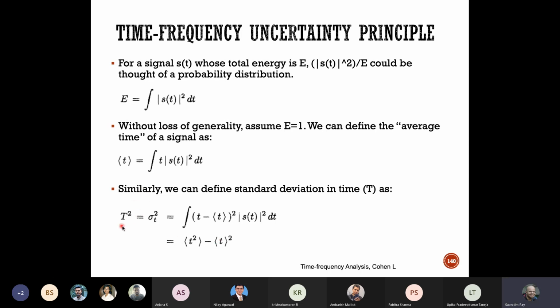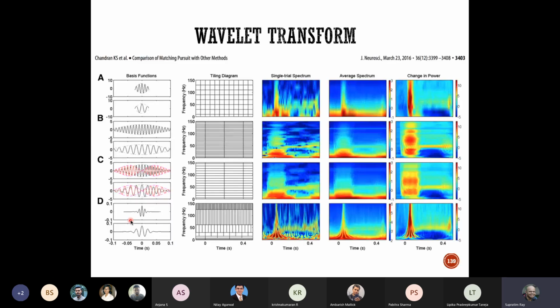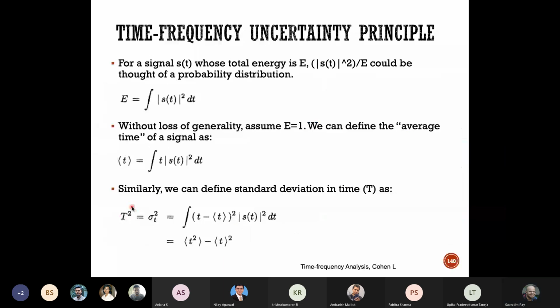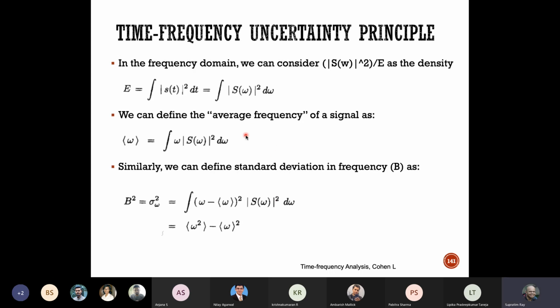This gives you a standard deviation in time given by this formula. Now this is going to vary depending on the type of basis function that you have, the shape of the signal, because it's based on how the energy is distributed in time, which is going to depend on the shape of the signal and so on. Likewise, I can define an average frequency of a signal like this.